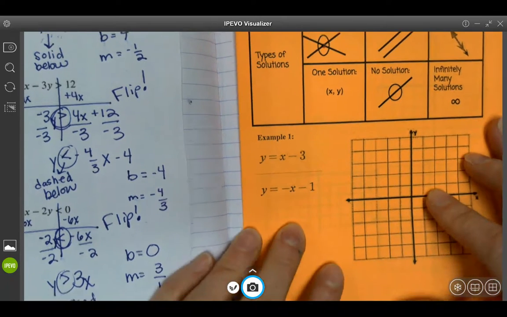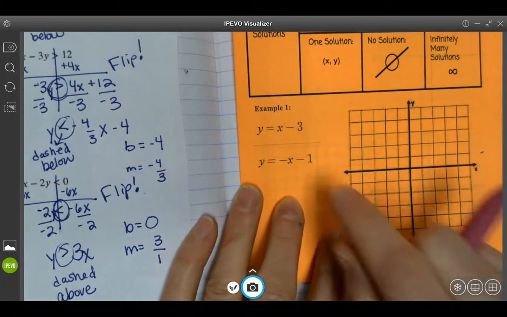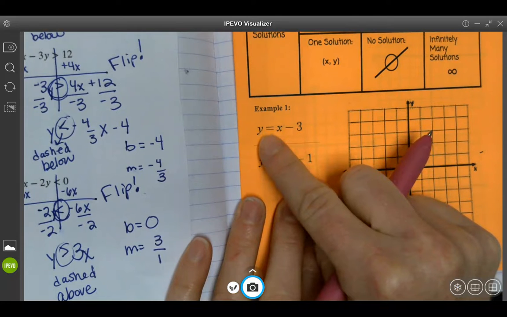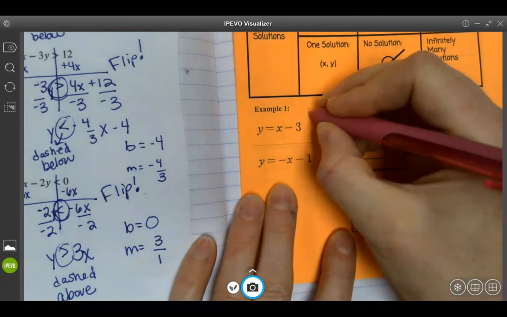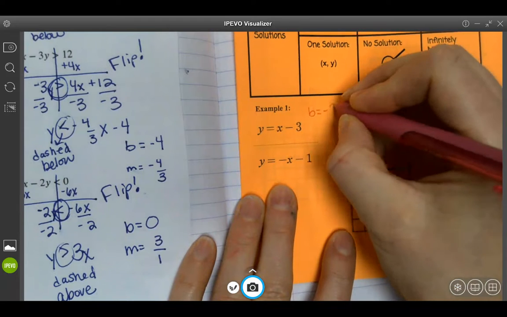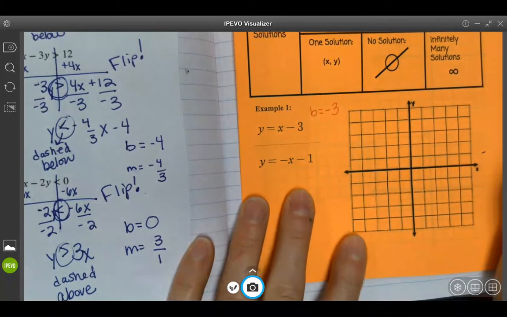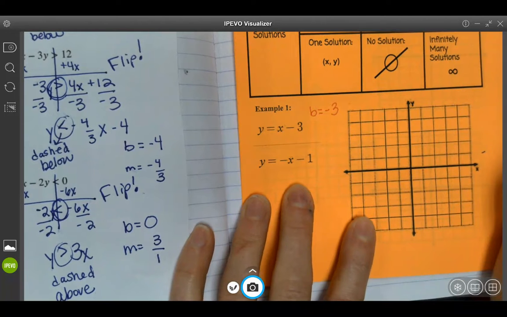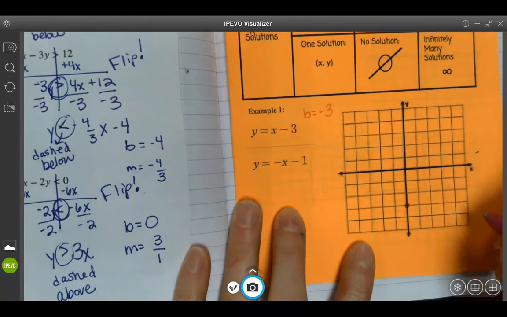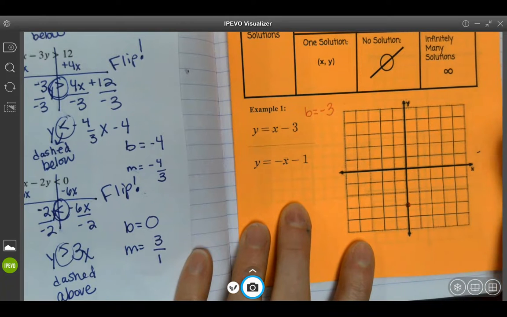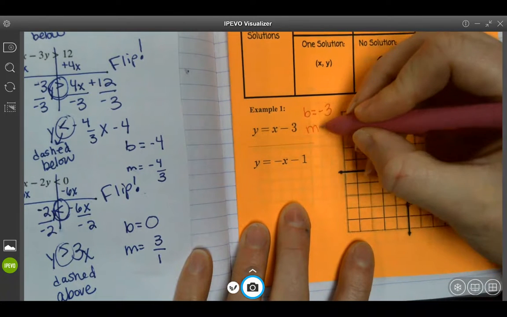So we're going to start with this example here. We're going to start with y equals x minus 3. In order to graph, we look at the b, negative 3. So we plot that on the y-axis. So go down to negative 3. And then your slope is your m.